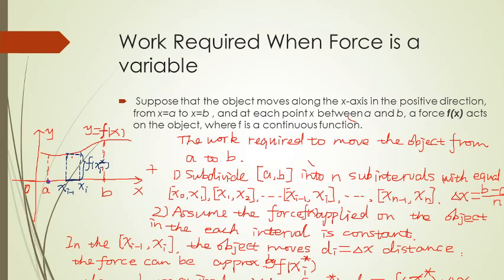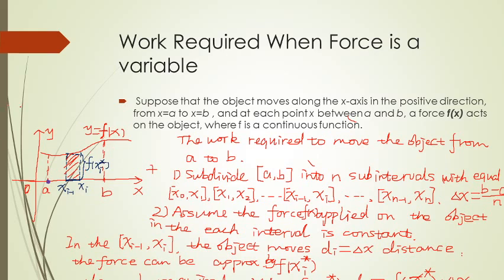The height of the rectangle times the width. So actually the work required in the i-th subinterval is the area of the i-th approximating rectangle. So from here you understand that.